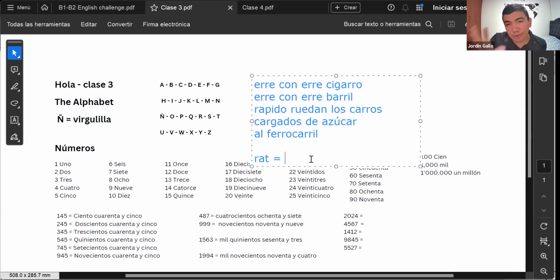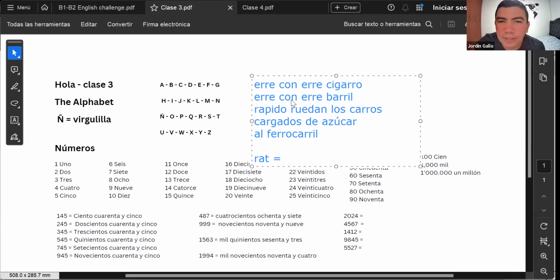And I say, okay, if you can remember it, that's fine. If you listen, it's actually the same pronunciation. So R con R, cigarro. R con R, barril. The difficult thing here is to put an extra letter after R con R. But let's see how you do it.